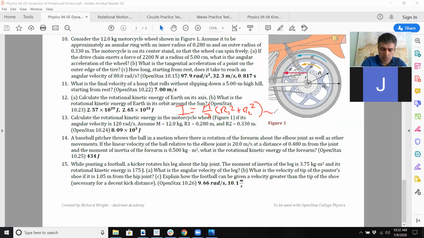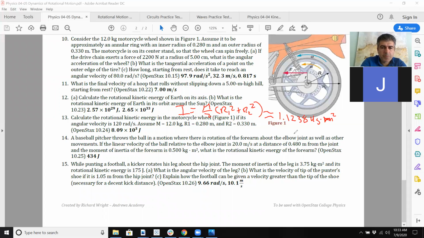And that was roughly 1.1238. And that's going to be kilogram times meter squared. Those are the typical units for that.